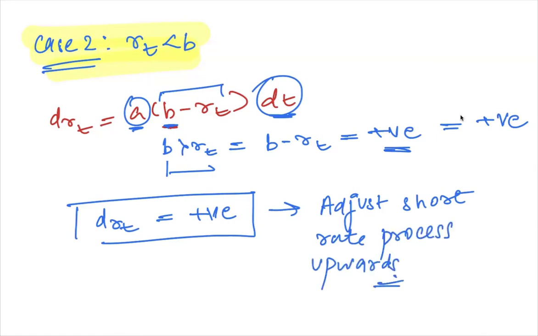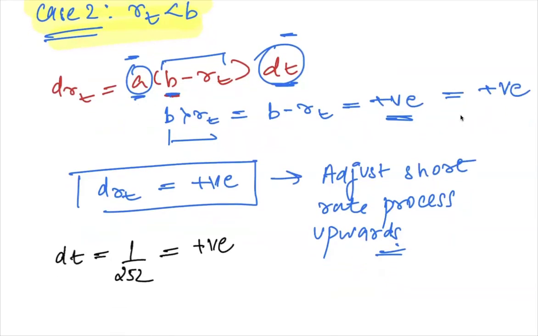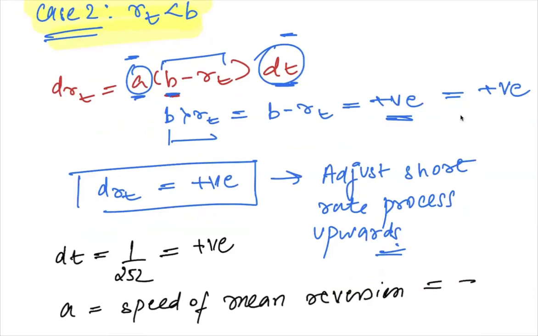Now you might be thinking, Mehul, you have said A and dt are positive. Why I'm saying this is, dt is anyway time, right? It is 1 day, so it is 1 by 252. So this is a positive number. And A is the speed of mean reversion. Speed is always positive, right?